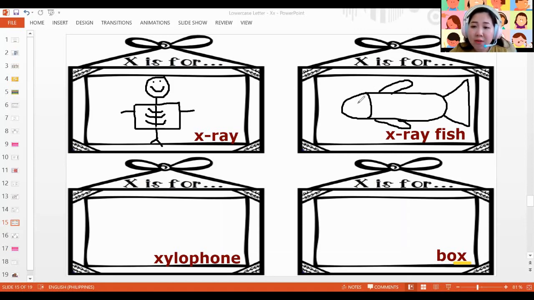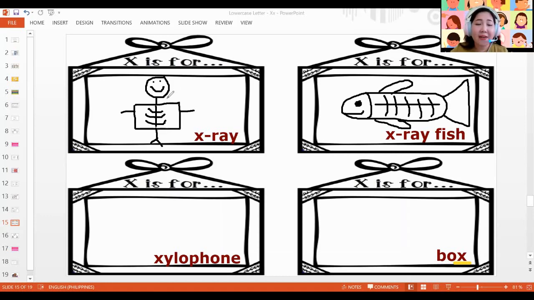Draw a curvy line. For the head, draw the eyes and the mouth. And remember, on the X-ray fish, we will see the bones. So let's draw the bones of the fish inside. So this is what teacher's X-ray fish looks like.